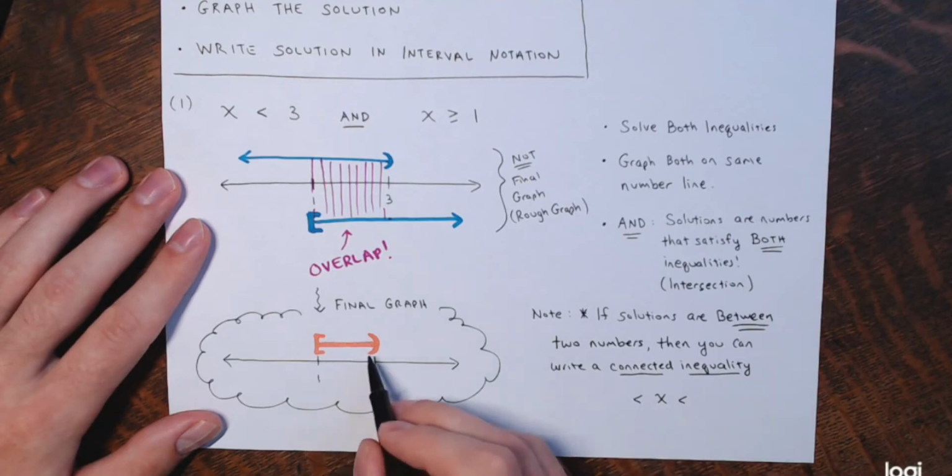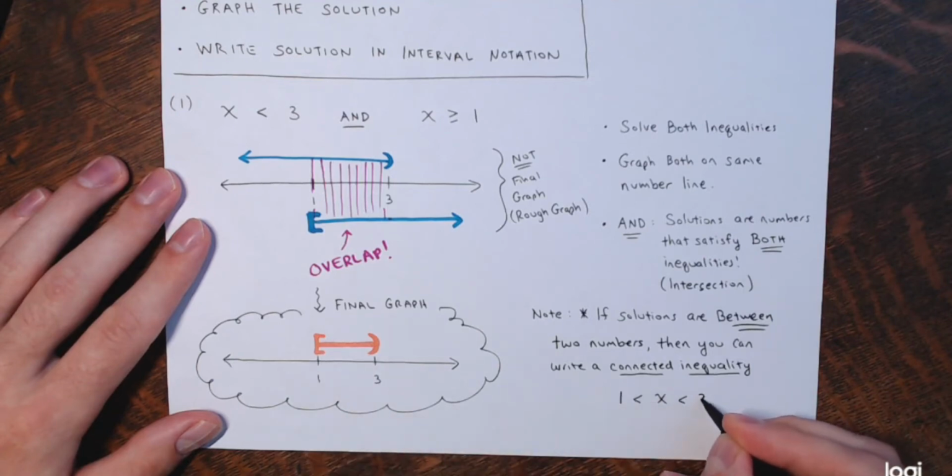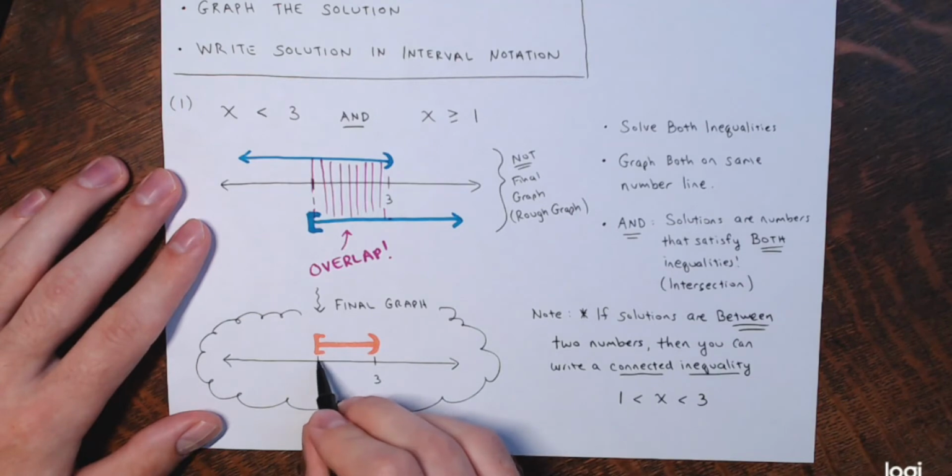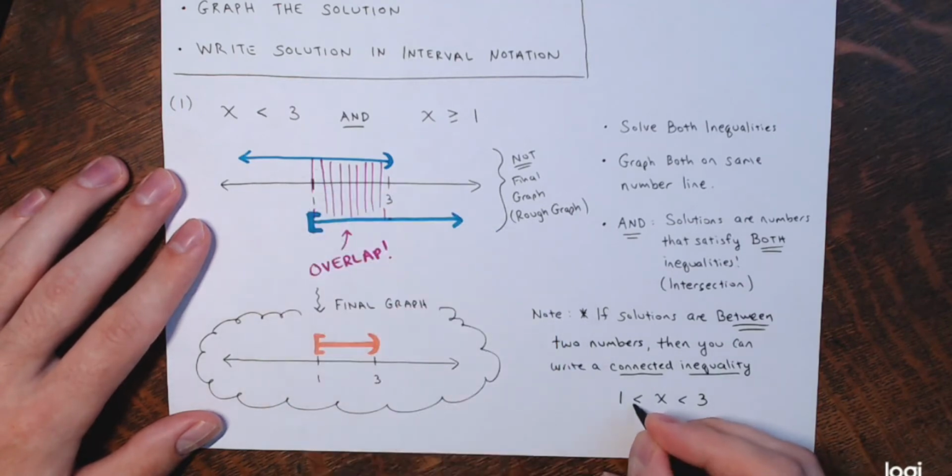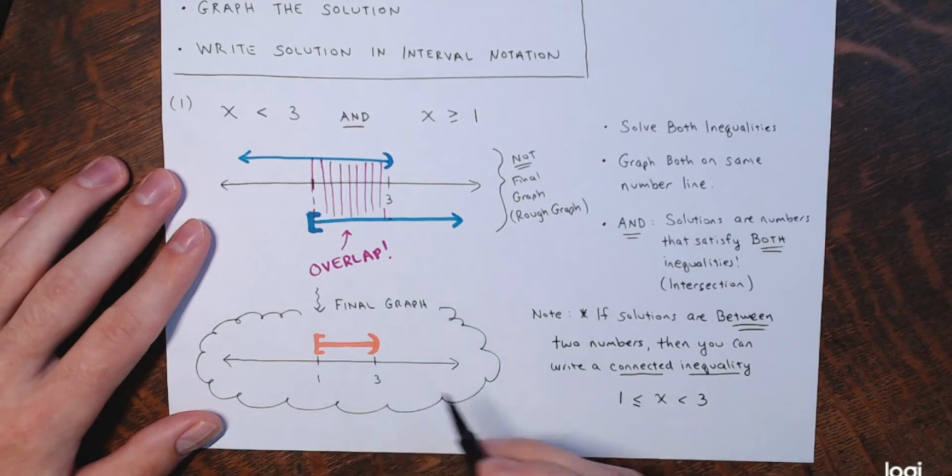And they're between the numbers 1 and 3, like that, right, so this is x is between 1 and 3, greater than 1, and at the same time less than 3. And we see that 1 is included in both, so I put the or equals to on the 1, but 3 is not included, so I don't put the or equals to there. All right, so you can do this if you wish.